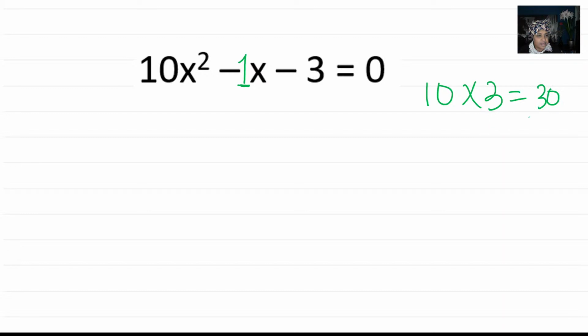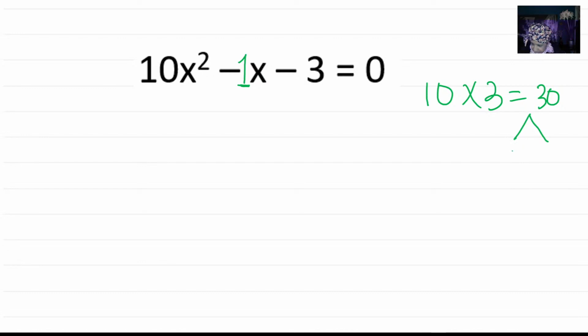And then you look at 30, which numbers will multiply to make 30, but when you add or subtract will give you a negative 1, okay? Well, there is 3 times 10, that's not going to work. And then 15 times 2, that will not work. But is there someone saying anything?